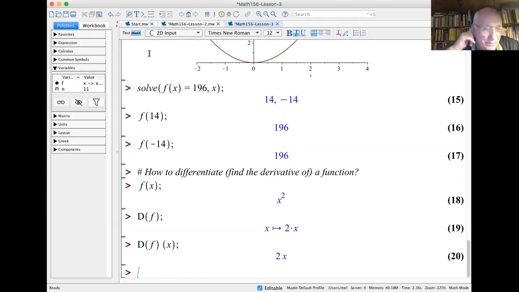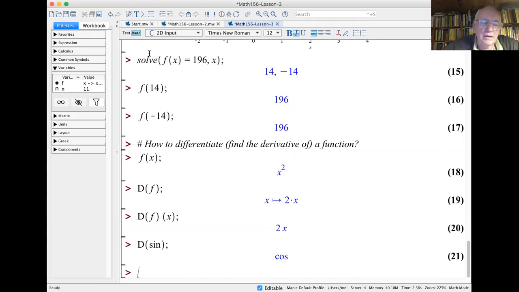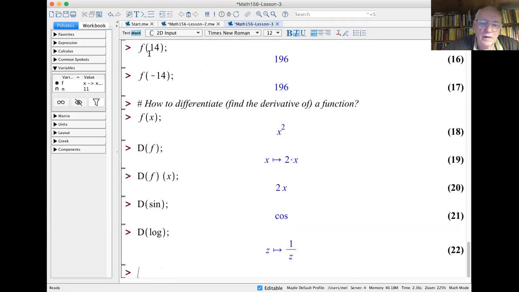If you take the function sine, that's a function in Maple. D of sine, the derivative of the sine, is the cosine. What's the derivative of the log? Log always means the natural log. z goes to 1 over z.